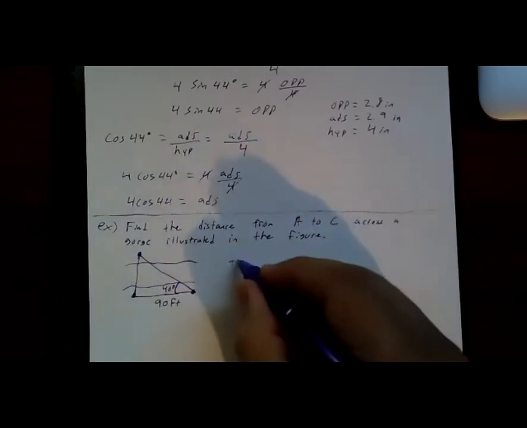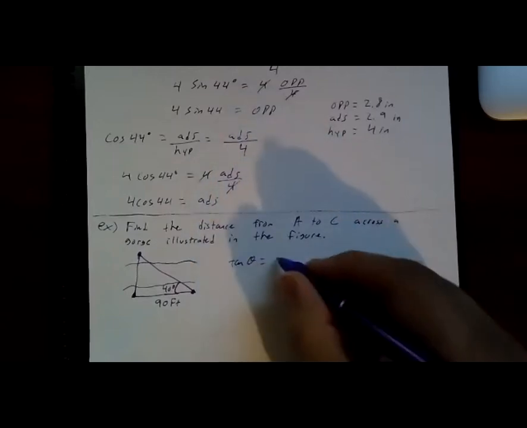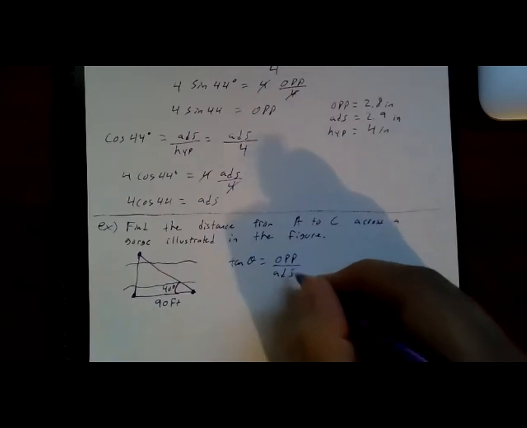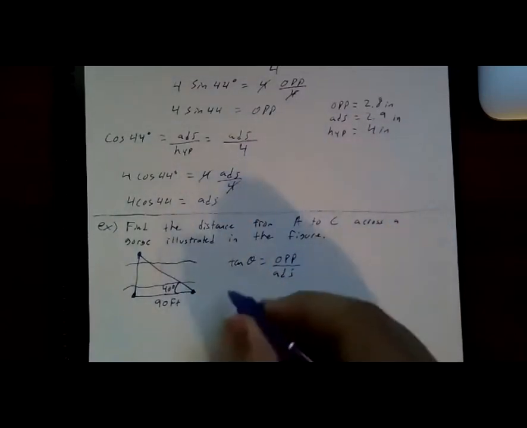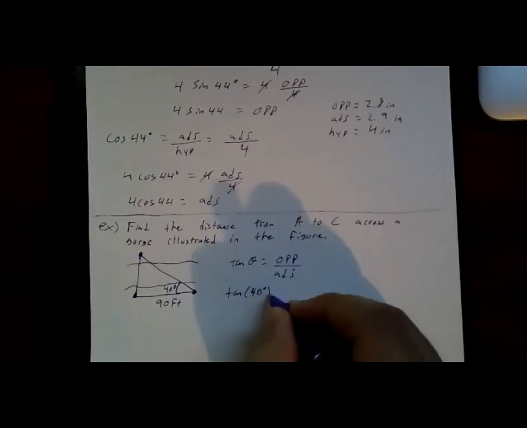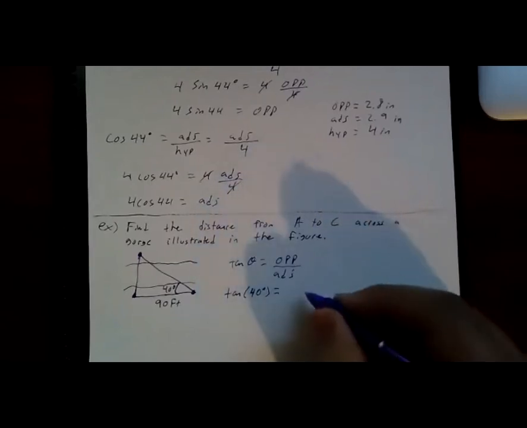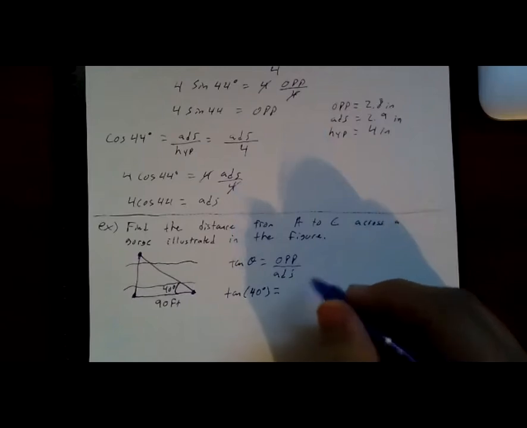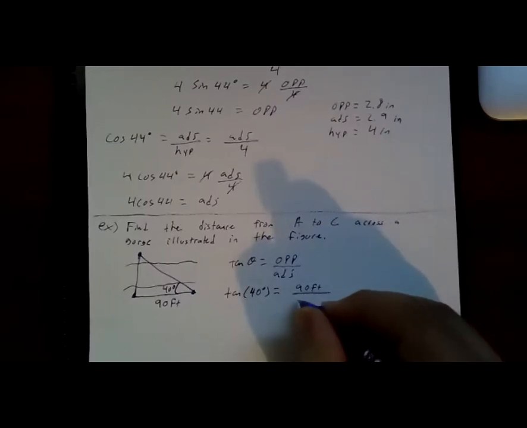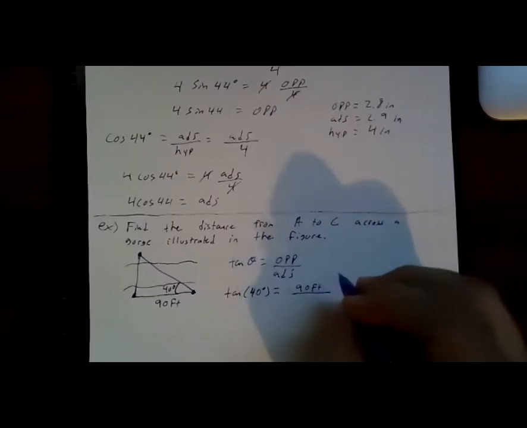Remember, tangent of any angle is equal to opposite of that angle over adjacent to the angle, which means tangent of 40 degrees is equal to some unknown distance over 90 feet.